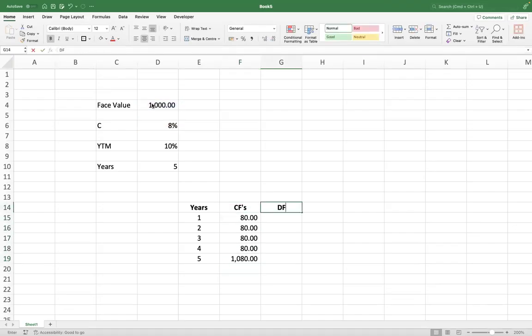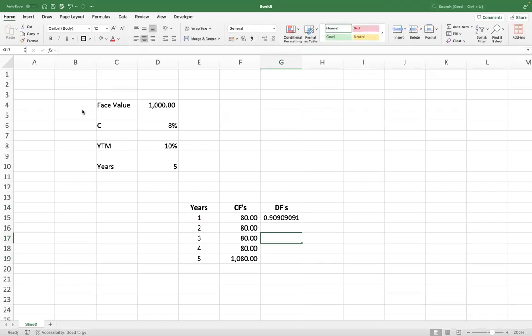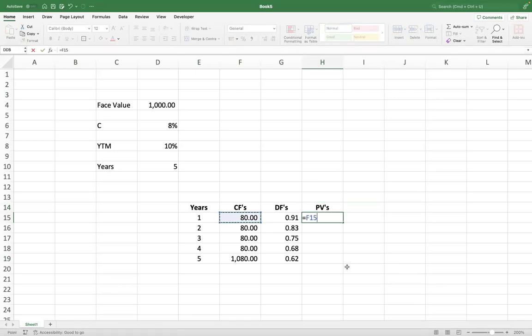We need to discount these by using the discounting factor. So 1 by 1 plus your yield to the power of n for every year is your discounting factor. And you discount it like this. Multiply your future cash flows with your discounting factors to arrive at your present values.